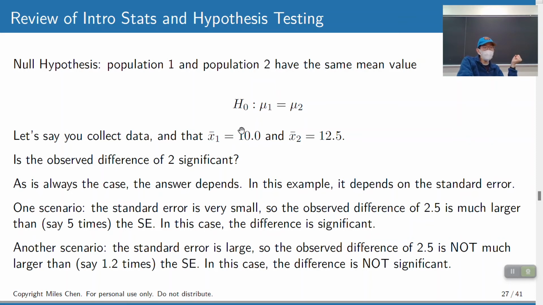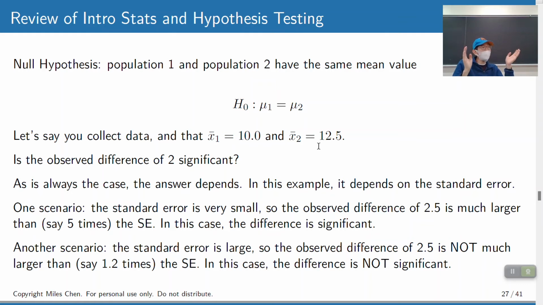On the other hand, if sample 1 had values all over the place, you had a value of 10, but you also had 15 and 3 and 7 and 21, and the average happened to be 10. You look at sample 2, and the values are also all over the place. You got 2 and 8 and 7 and 16 and 5 and 23 and 22 or whatever, and the average happens to be 12.5.